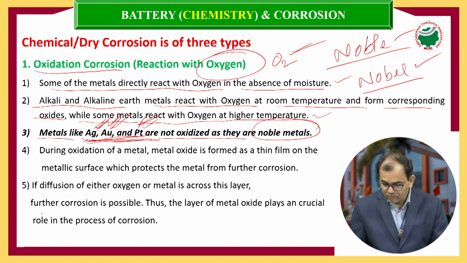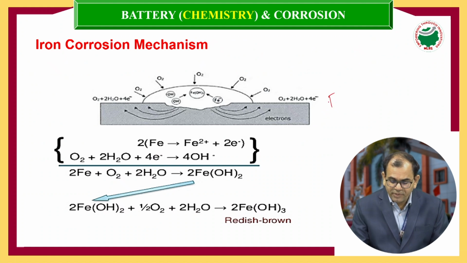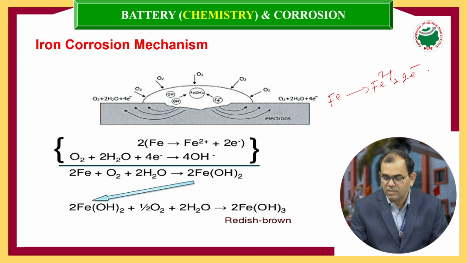Okay, now basically here we can see the reaction of this corrosion. What is happening? Fe, iron, goes to oxidation, giving Fe2+ and 2 electrons released. This is oxidation.